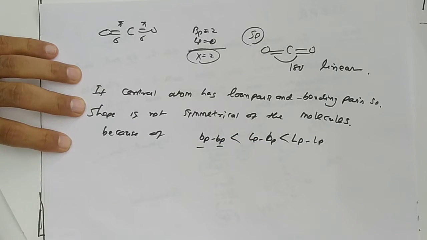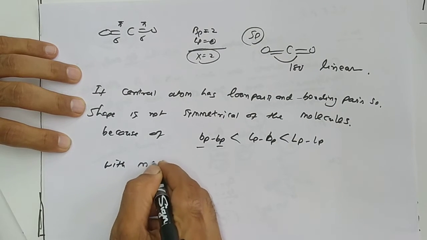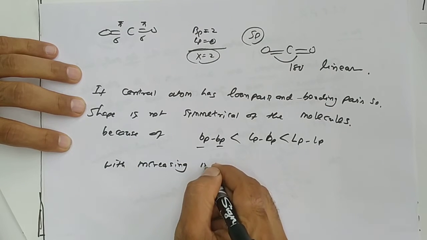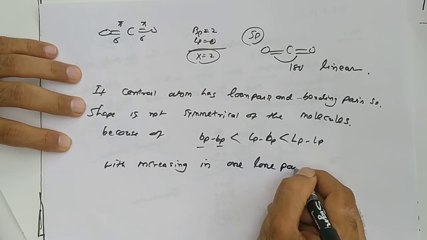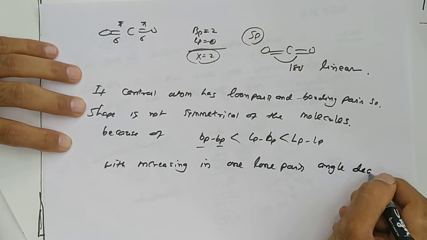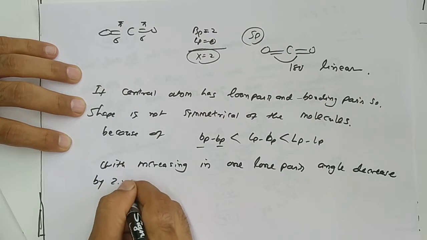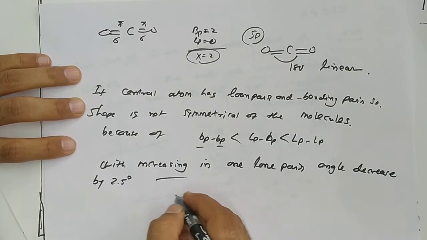Due to this, shape and angle will change. With an increase of one lone pair, the angle decreases by 2.5 degree, having the same hybridization.